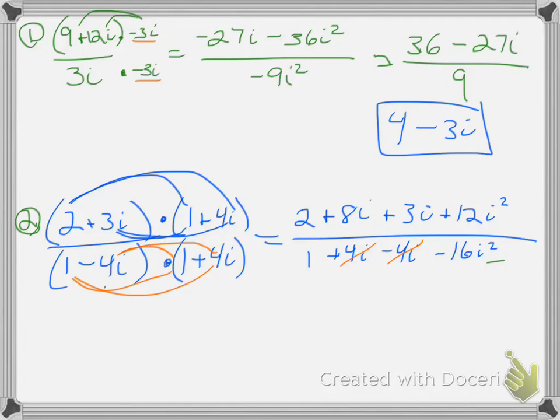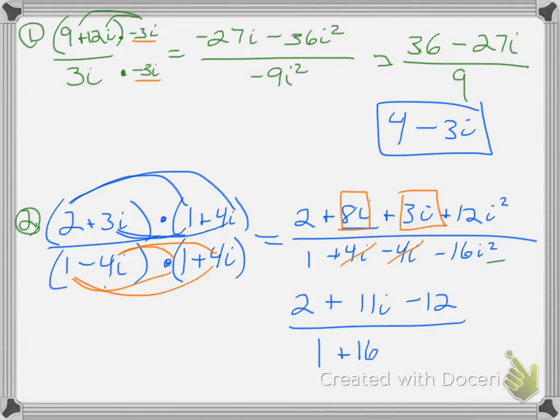Okay, combine my like terms in the numerator. I have 2 plus the 8i and 3i combined to be 11i, and then the 12 times negative 1, the i squared, becomes negative 12, or minus 12. And then on the denominator I have 1, my i's cancel out, and minus 16i squared becomes positive 16.